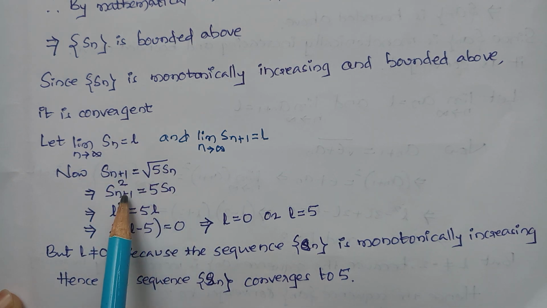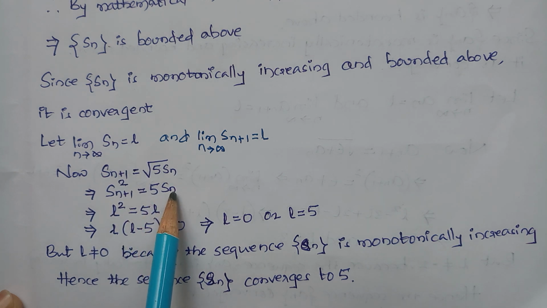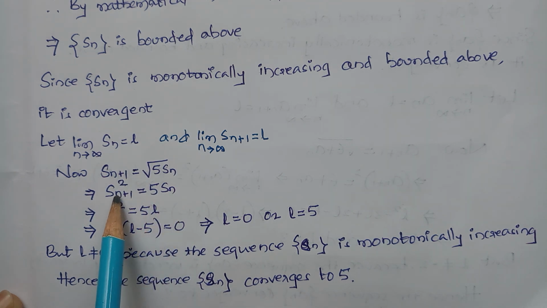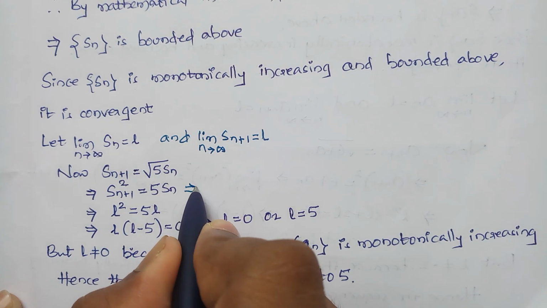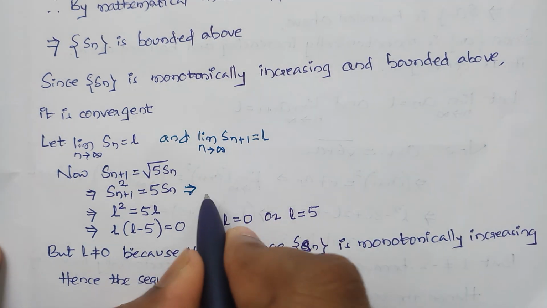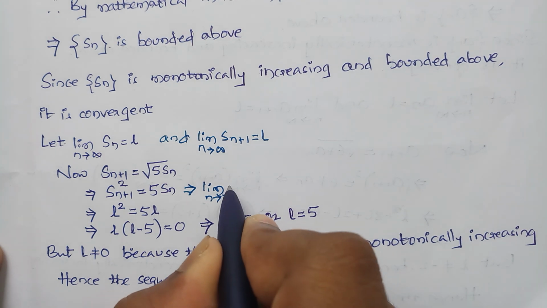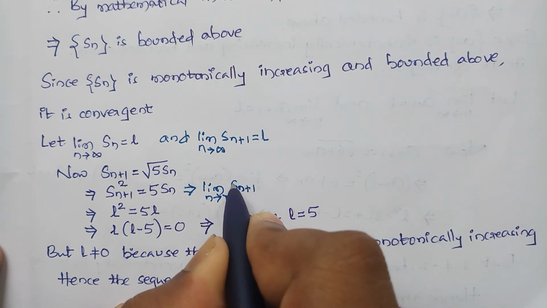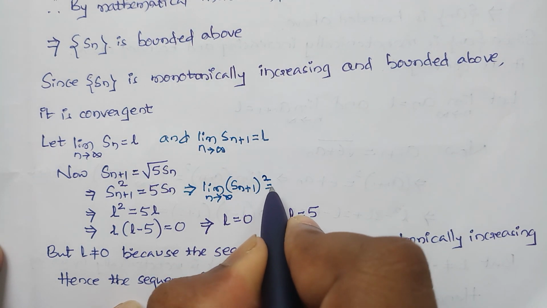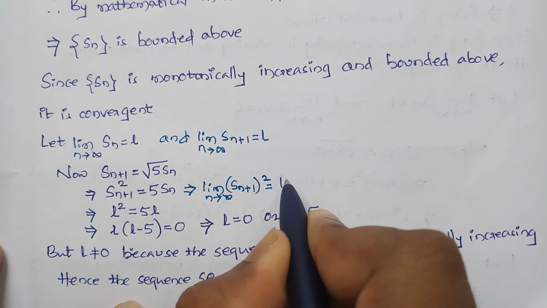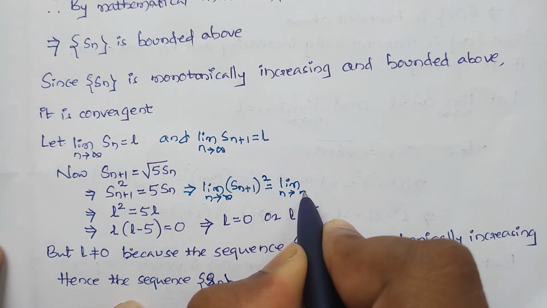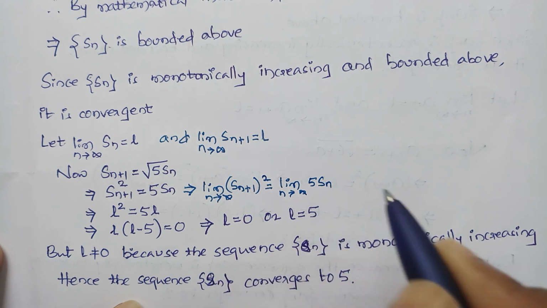If I square both sides, Sn plus 1 squared is equal to phi Sn. Later if I take limit on both sides, limit of Sn plus 1 squared is equal to limit of phi times Sn.